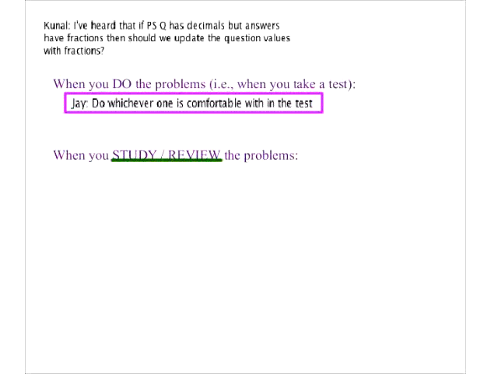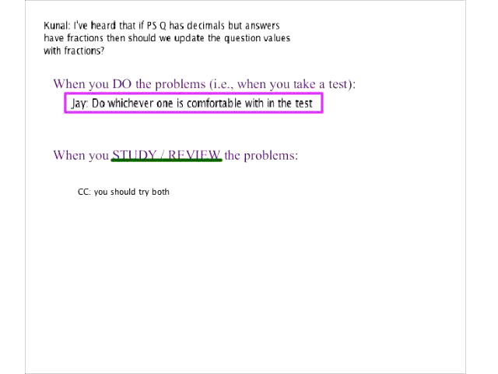When you study, does anybody know what we're going to say about this? Yep, CC is pretty much on task with this. You should try both. As many as you can. Because again, remember, that's the point.